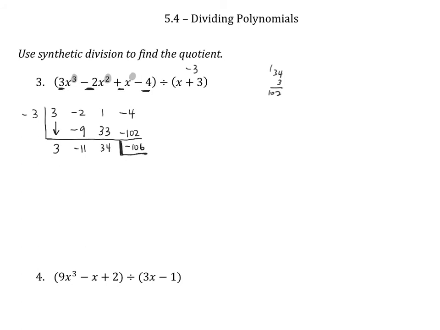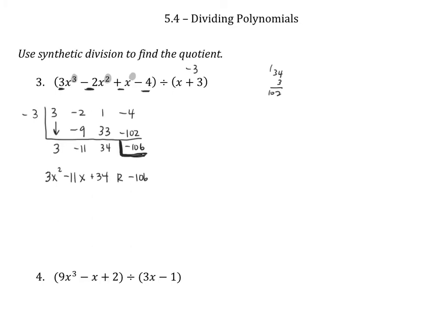Okay, so remember this negative 106 is our remainder. Since our first term in our original polynomial was an x cubed, that means this is going to be an x squared. So this will be 3x squared minus 11x plus 34, and then remainder negative 106.